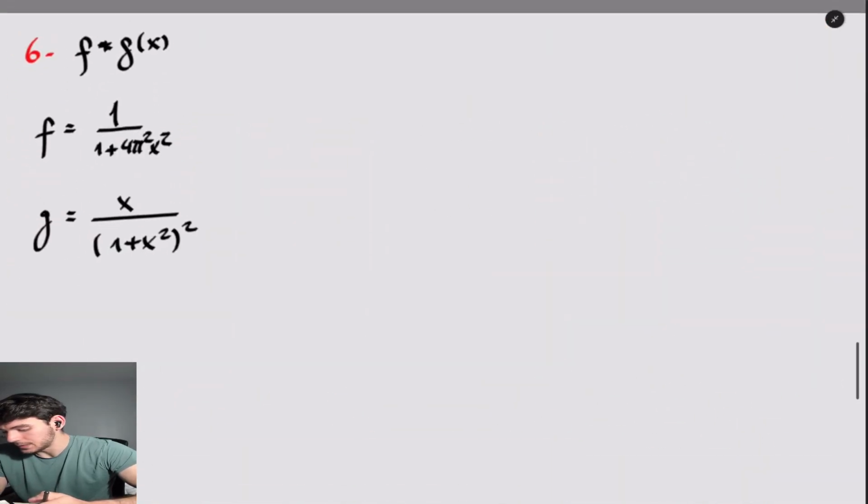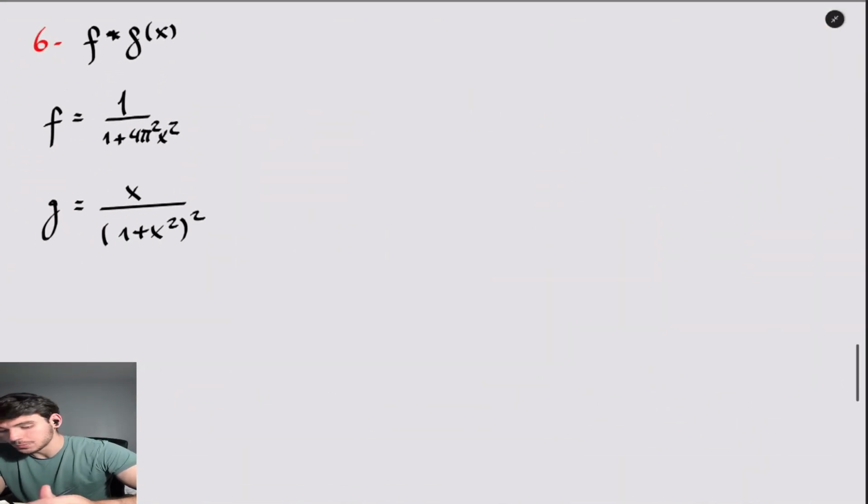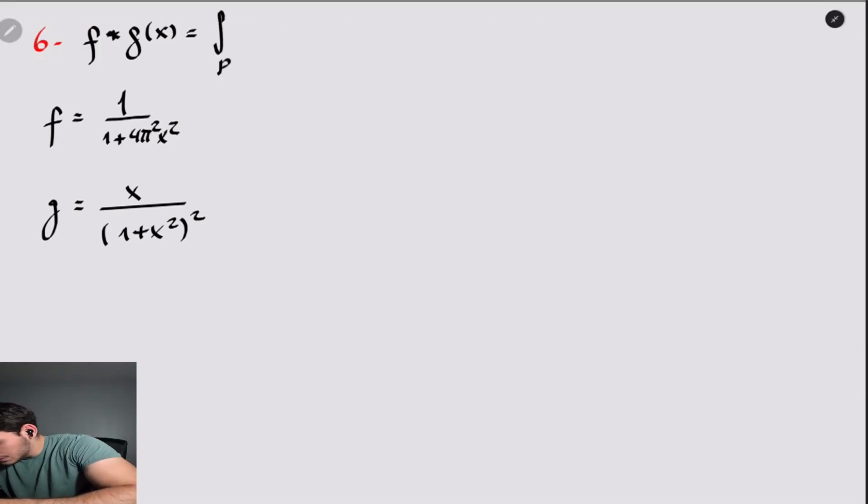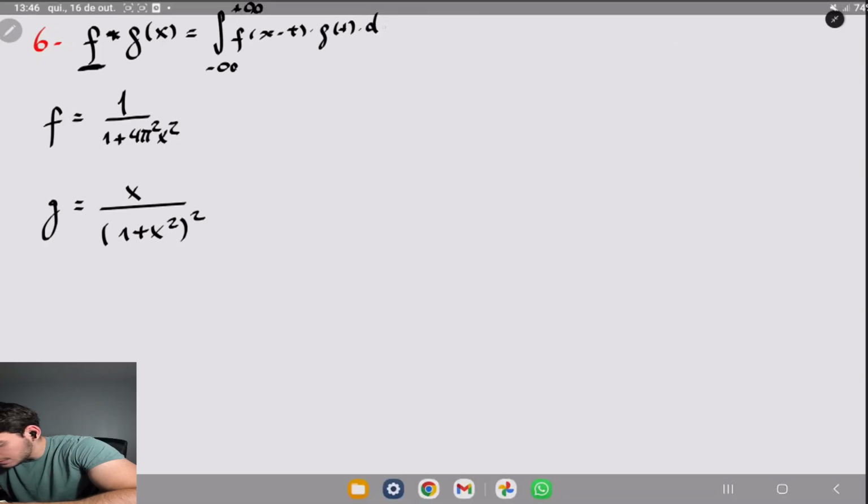So by definition, a convolution product is equal to the integration over the real numbers. That's the same as the question writes, since we have there minus infinity to plus infinity. And we have the first function calculated in x minus t times g of t dt.